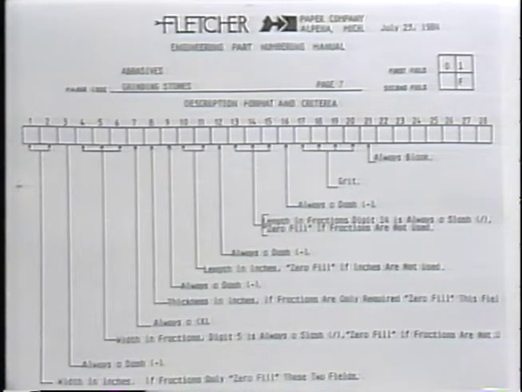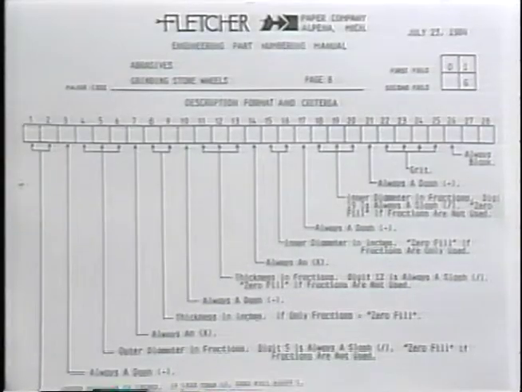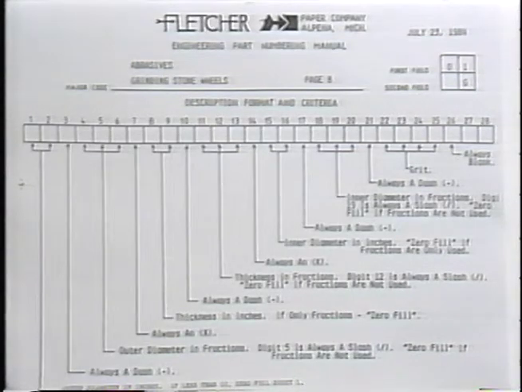And in this case, the grinding stone is identified by its various descriptive characteristics. When we get into page number 9, we have grinding wheels, different than grinding stones. And again, you'll notice the definition of how the part number is laid out relative to the succinctness of the data that is required for the description.